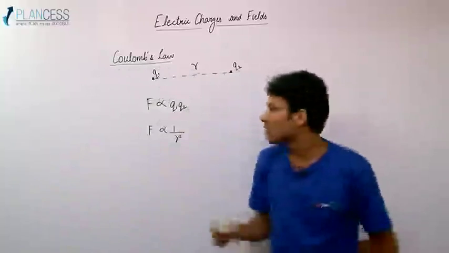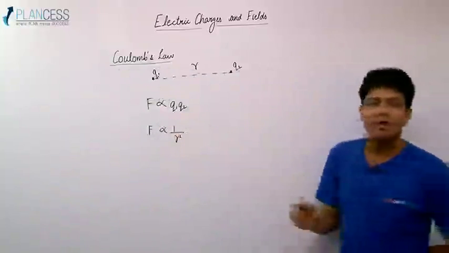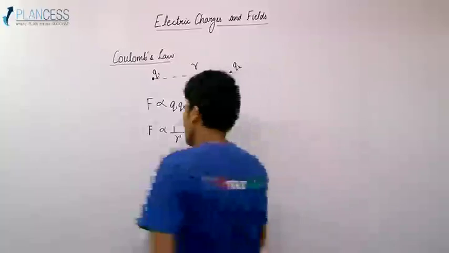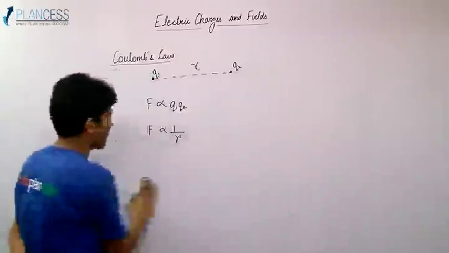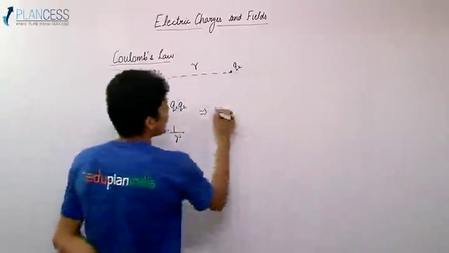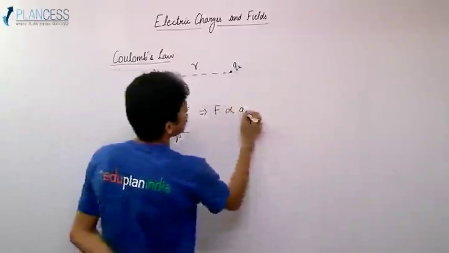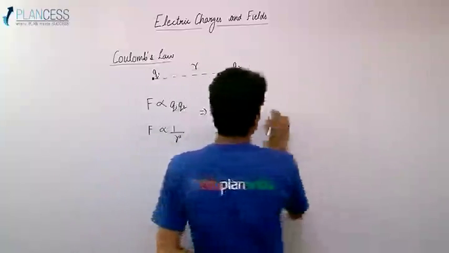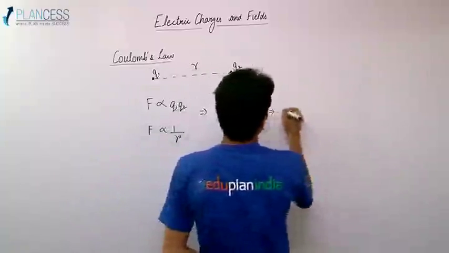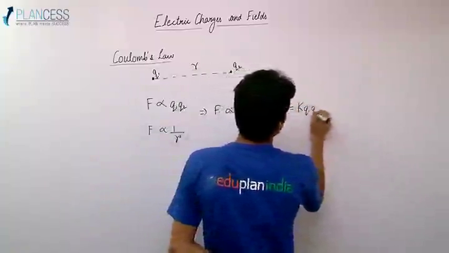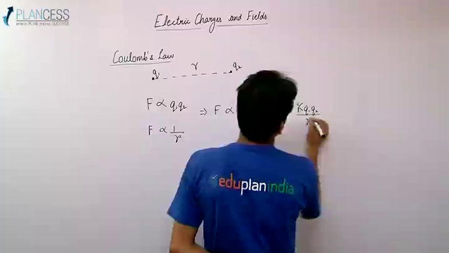So force is proportional to Q1 Q2 upon r square. Now if I put a constant of proportionality, I'll get F is equal to K Q1 Q2 upon r square.